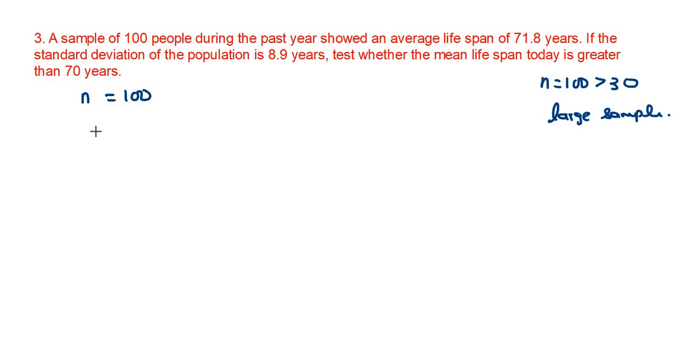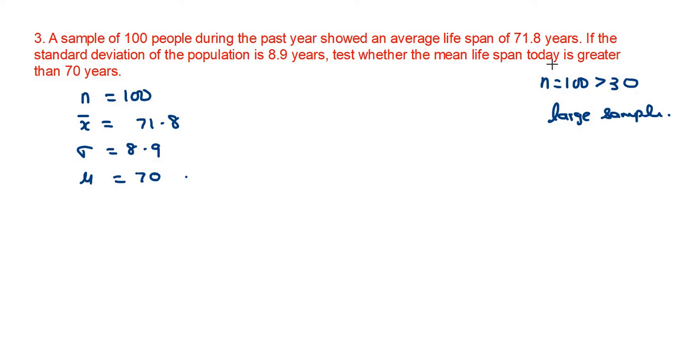N is equal to 100, and then X bar, the sample mean is 71.8 years, and then the standard deviation of the population is given, which is sigma, which is equal to 8.9, and mean of the population mu is equal to 70.